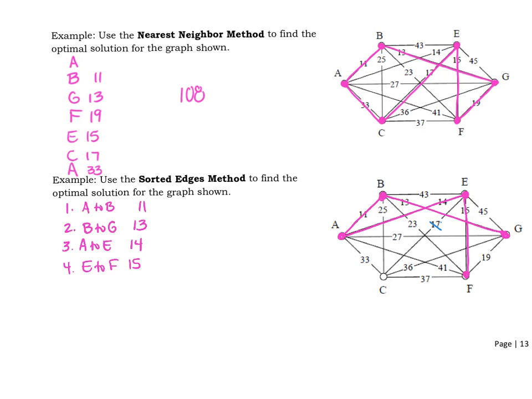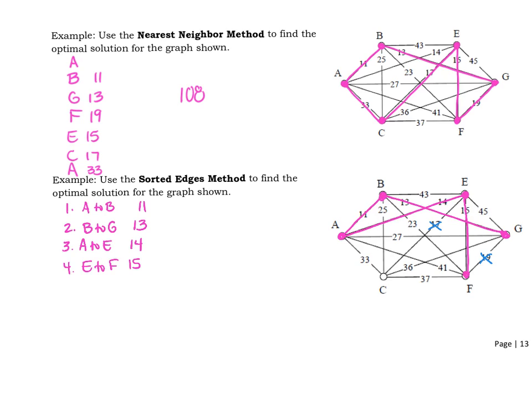If you want to X it out so you know not to use it, so your mind won't be drawn back to that number again, that's fine. The next cheapest is the 19. We can't use that one either because that would create a circuit that doesn't include vertex C. So I'm just going to cross it out so I don't look at it again.